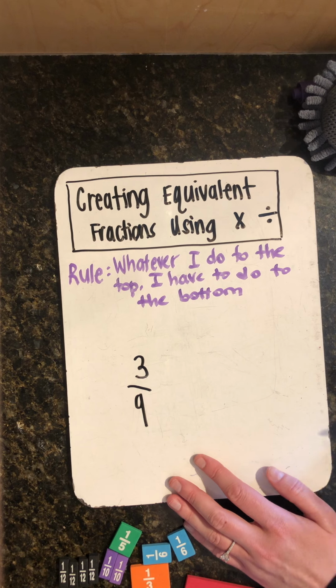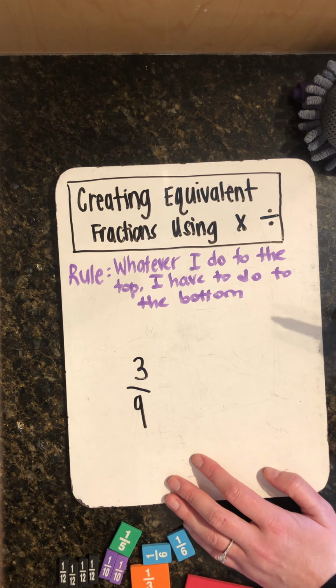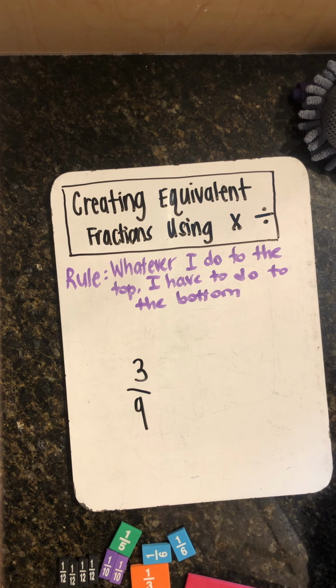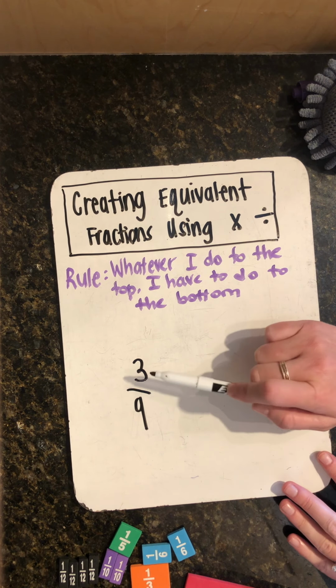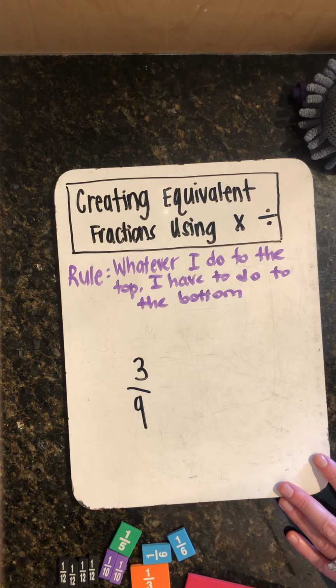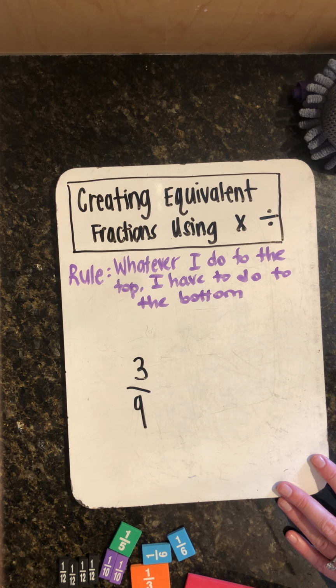Now this is where it gets a little tricky. You need to think about what number can I easily divide both these by. We're going to stick with easy numbers to start, and those numbers are 2s, 3s, 5s, okay? I know that I can't take 9 or 3 and divide it by 2 because they're odd numbers, right? I would have a remainder, and we're not working with that quite yet.